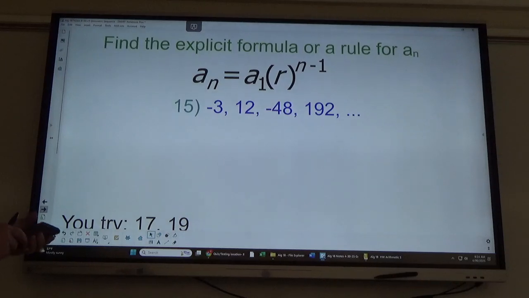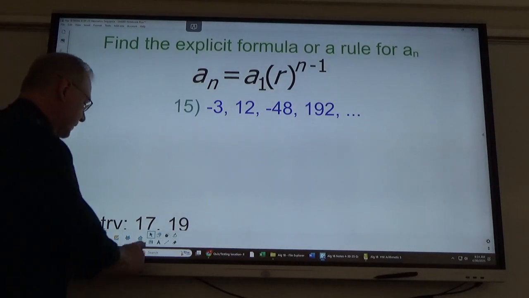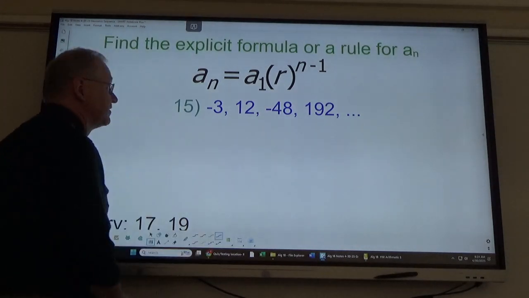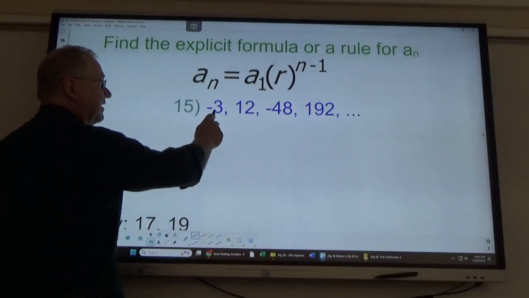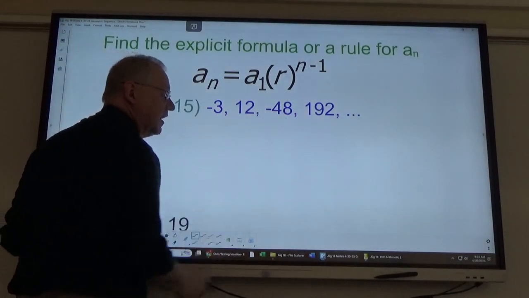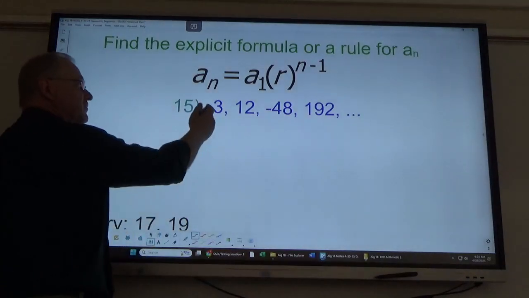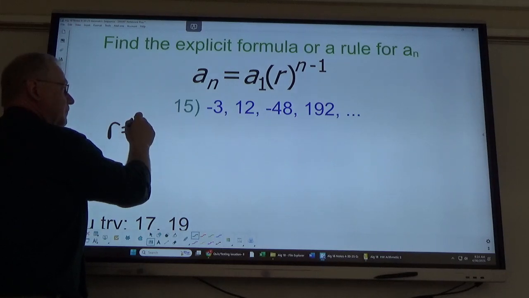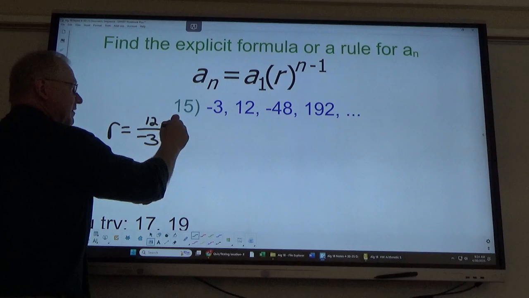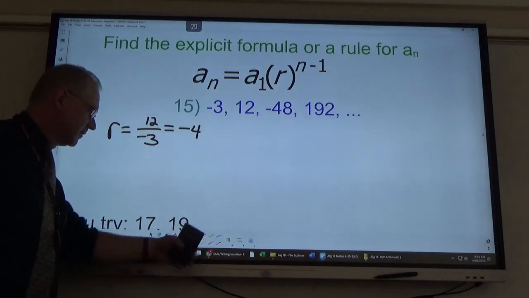Now we're going to do the explicit rule, or a rule for the a sub n term. So in this case, we start off with -3, 12, -48, 192. First term, second term, r is the first term on the bottom, second term on top, giving me -4 for r.